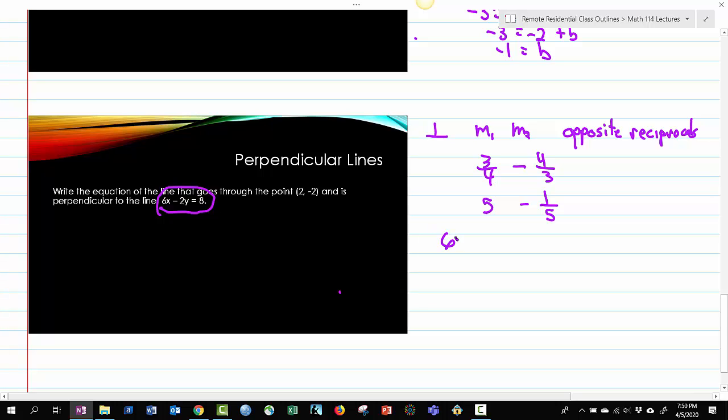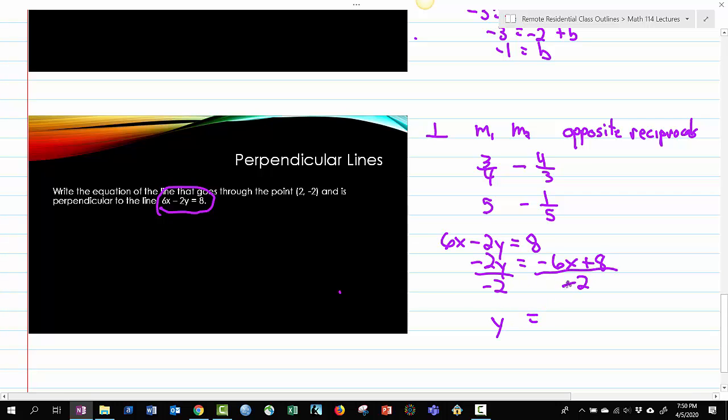So first thing we're going to have to do, 6x minus 2y equals 8, is put this in slope-intercept form so we can read the slope off. All right. So we need to solve for y, subtract 6x from both sides. Now to get the y by itself, divide both sides by minus 2.